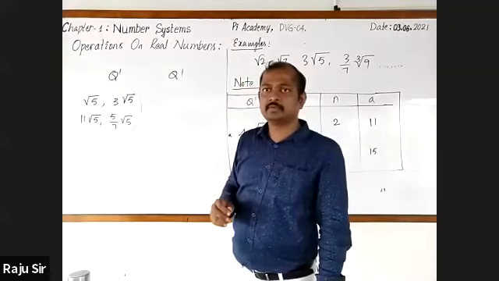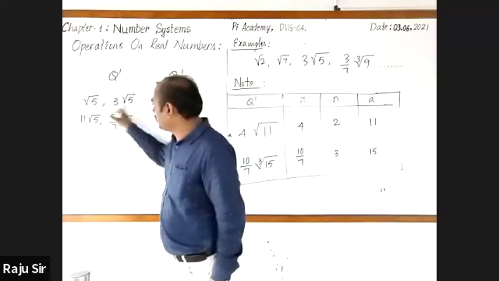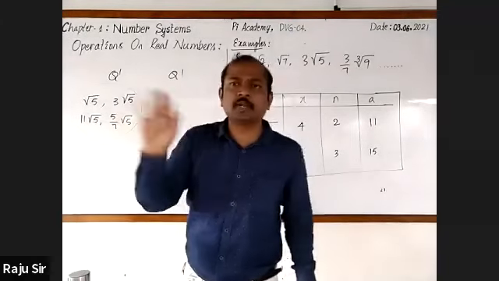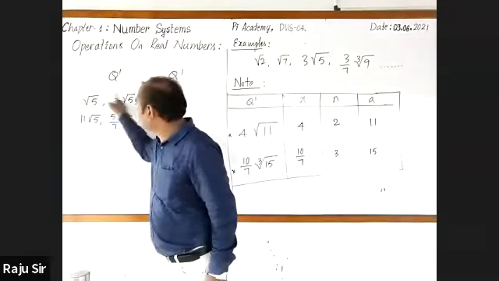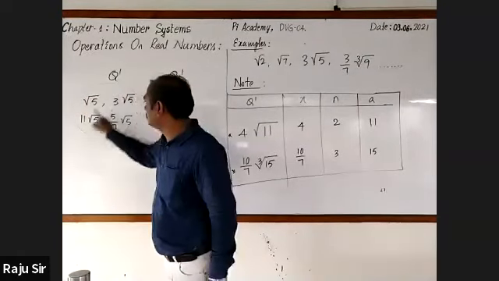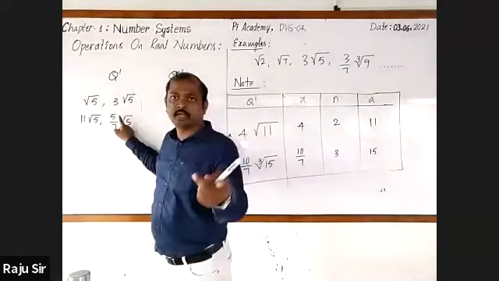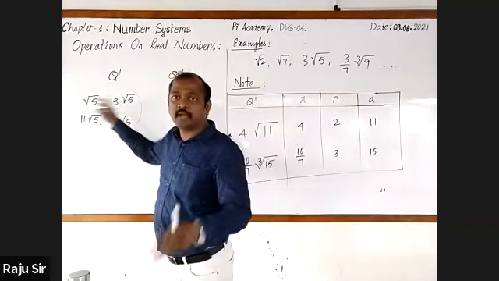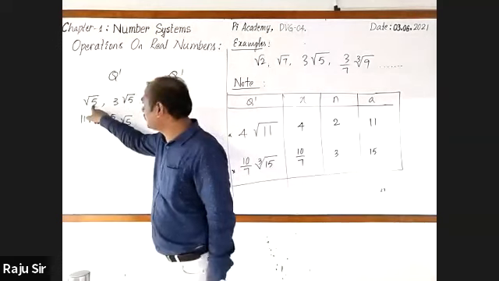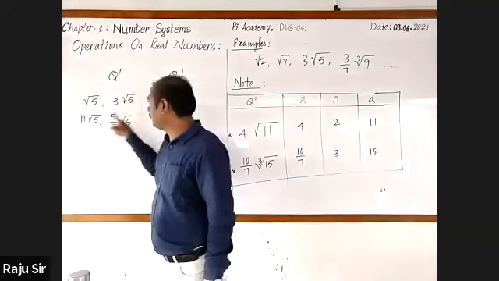The radicand is the same, which is 5. Very good. Here I have given 4 examples. In all the 4 examples, order is the same. See that here is 2, here is 2, here is 2, here is 2. Not only that, even radicand is also the same. See here radicand 5, radicand 5, radicand 5, radicand 5.